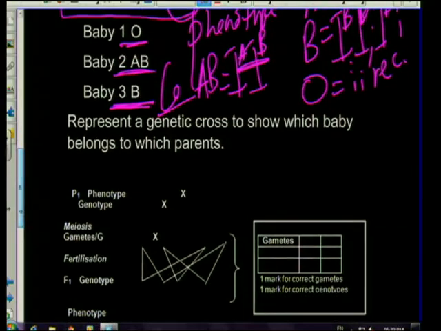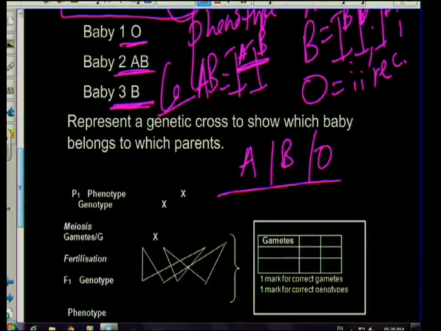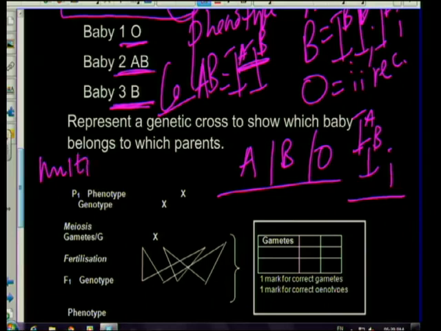There were only two allele varieties. Now for blood group, we're getting blood group A, B, and O, and different alleles: IA, IB, and i. There's more than two. This is an example of multiple alleles as well.